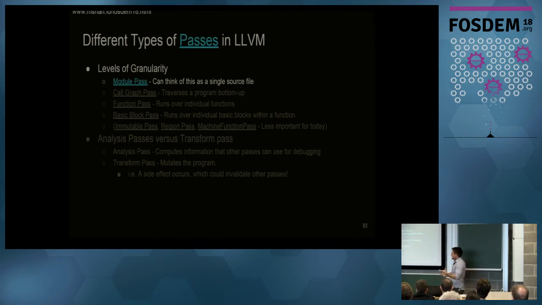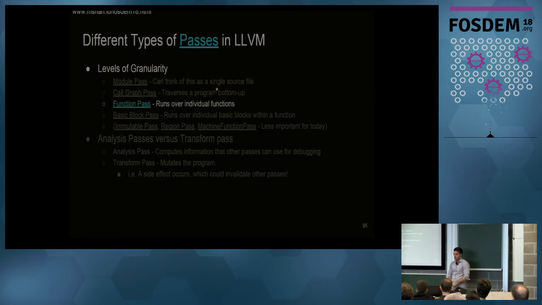The LLVM way is you have different granularities of how you want to inspect your code. At a higher level, a source file level you can think of, there's a module pass that'll look through a full module. A call graph pass traverses a module bottom up.